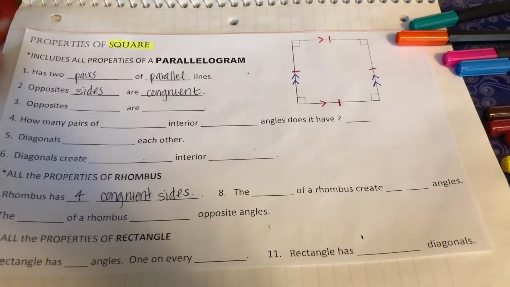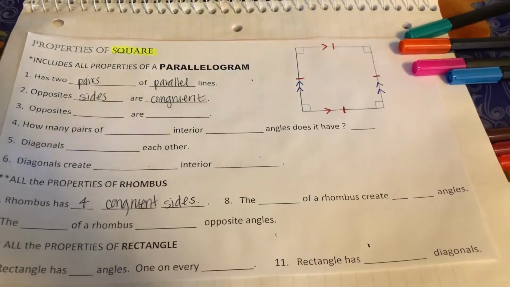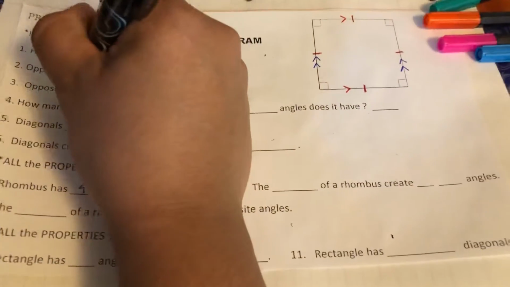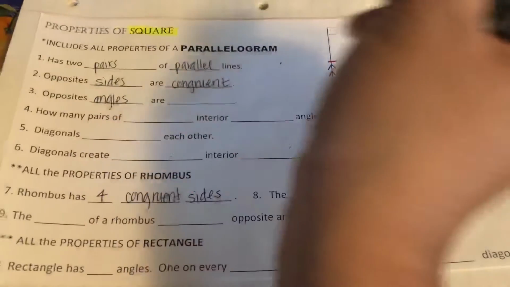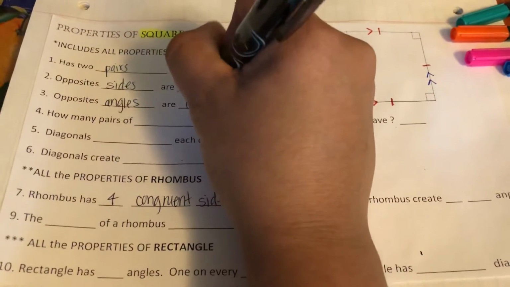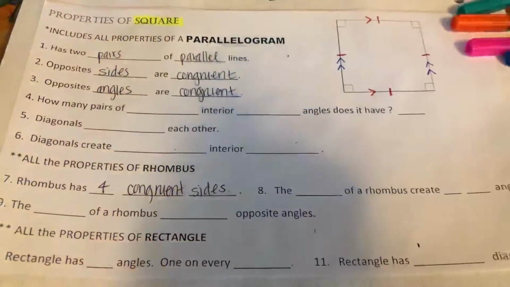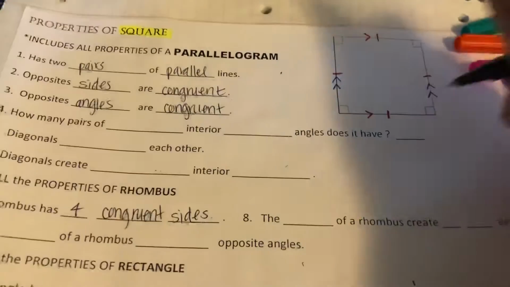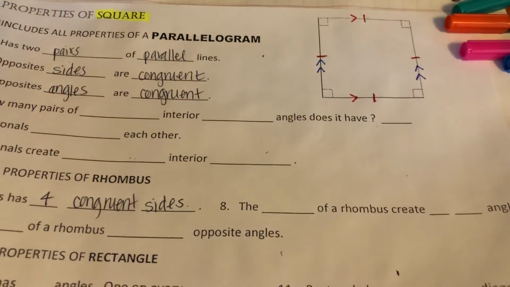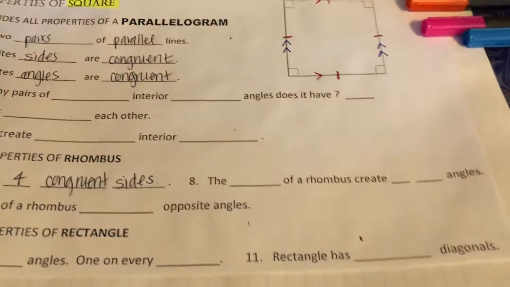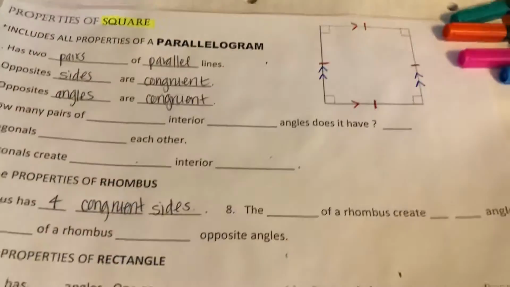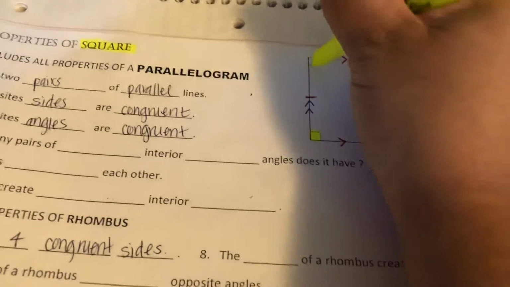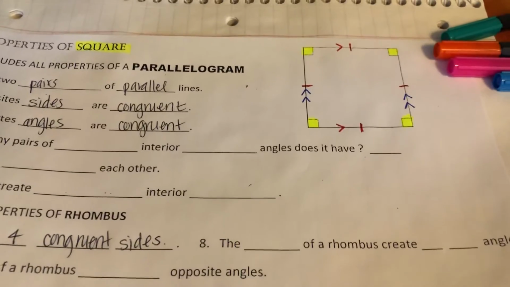Our next property says opposite blank are blank. Opposite angles are congruent. Here we see the angle marks being these 90-degree boxes, because they are 90-degree angles.